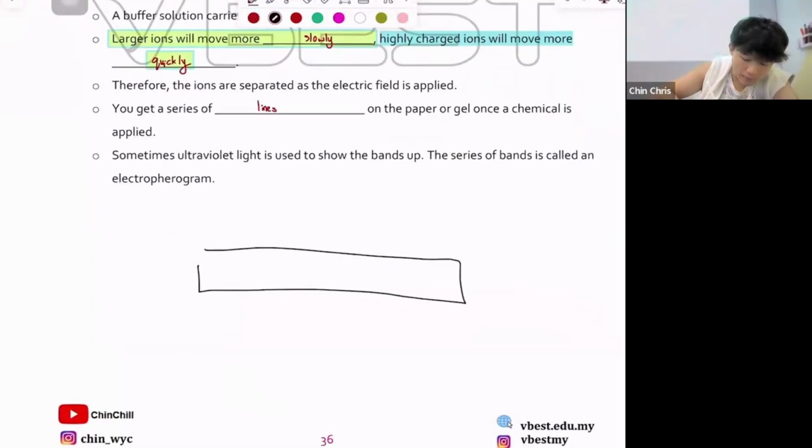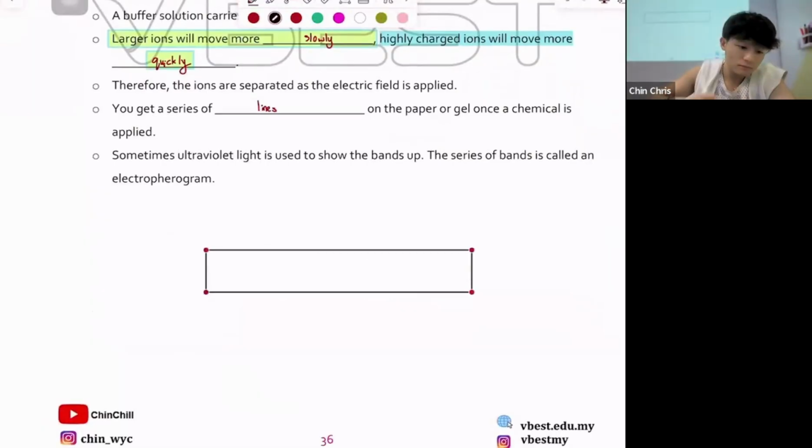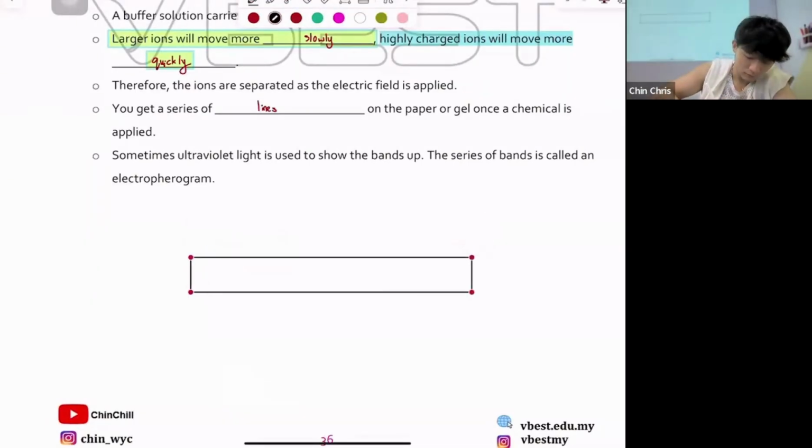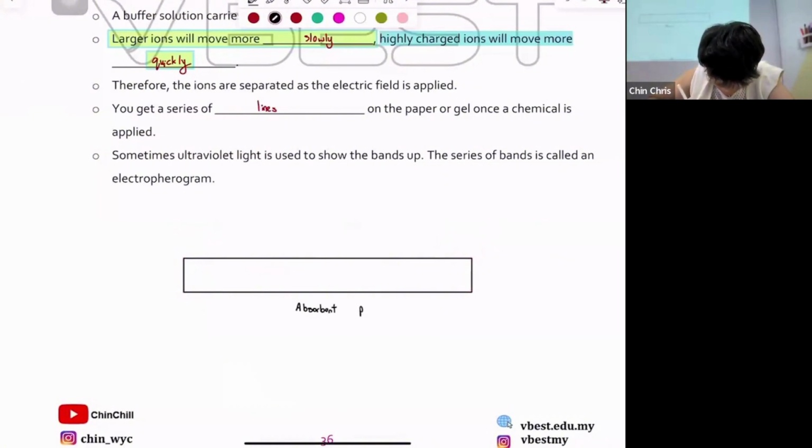So you get an absorbent paper. All right, guys. At first, this is where we place our sample. And you have a positive terminal.